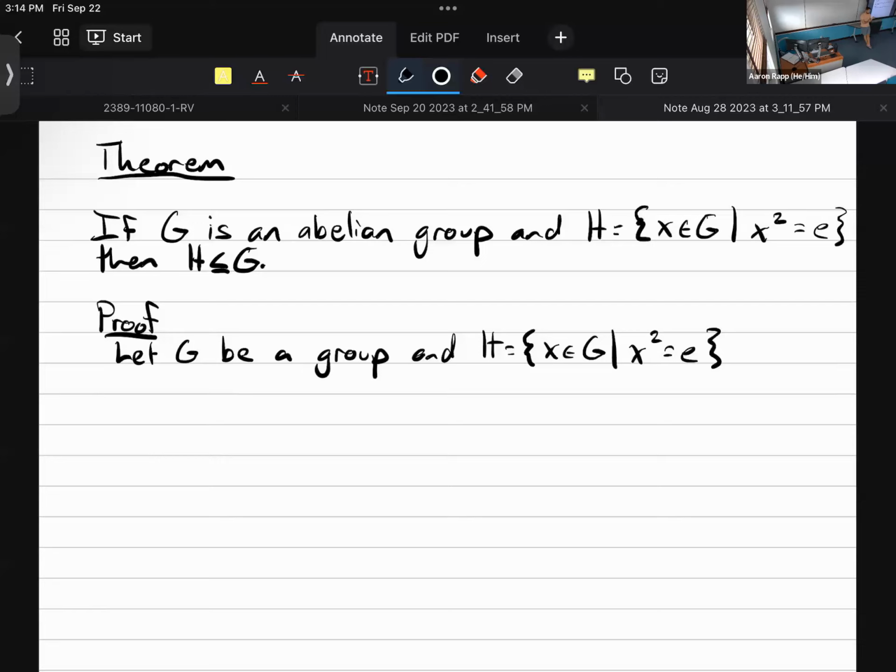Yes, our identity element. I know I have an identity element in my group G because it's a group. We always reserve that little lowercase e for the identity element. And what happens if I take e, the identity element, and operate it with itself?